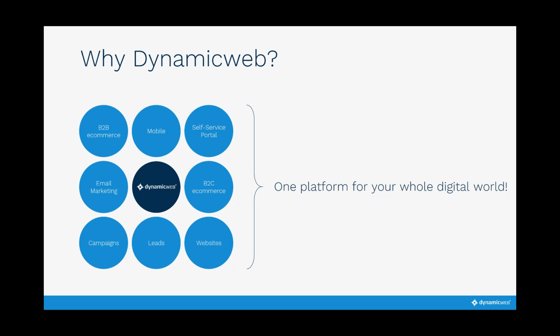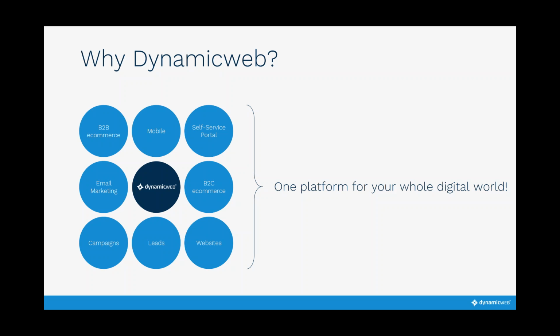So why choose Dynamic Web and why choose this platform based on Microsoft .NET? The picture, as marketing has put it up here, is very much a picture of what you can do with our platform today.